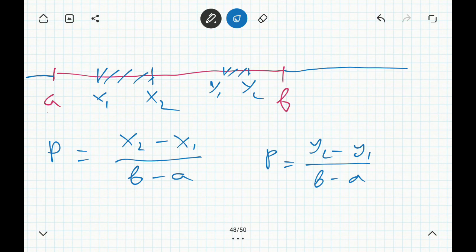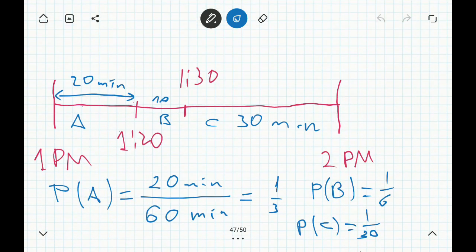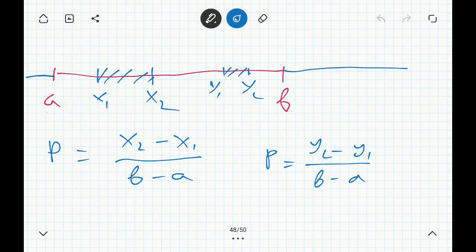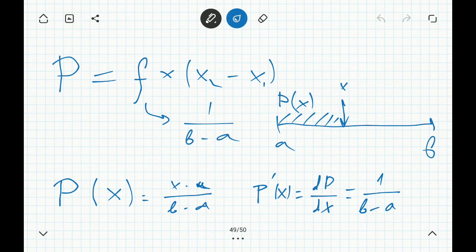It can be only inside, and that means that it cannot be outside, and that means that outside the probability should be 0. And looking at this, probability looks like this, and x2 and x1 are definitely not 0 outside our segment, so our f should be 0.